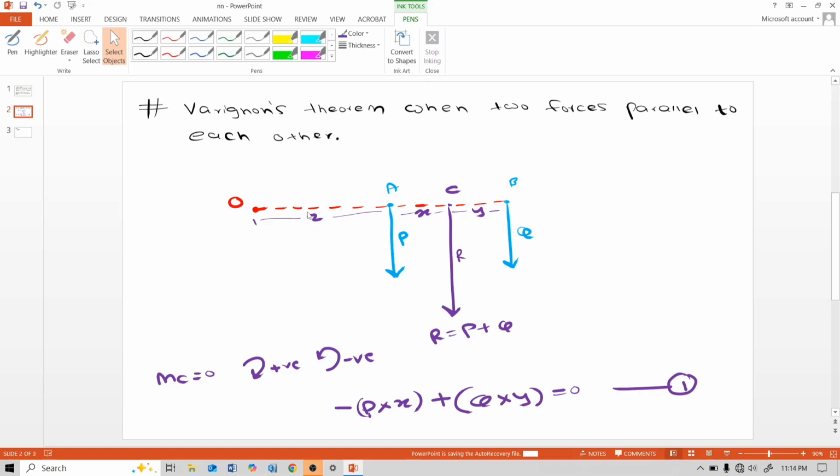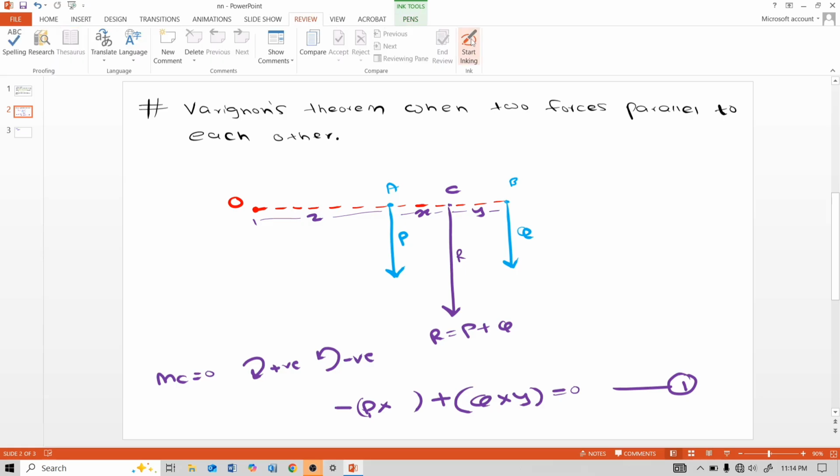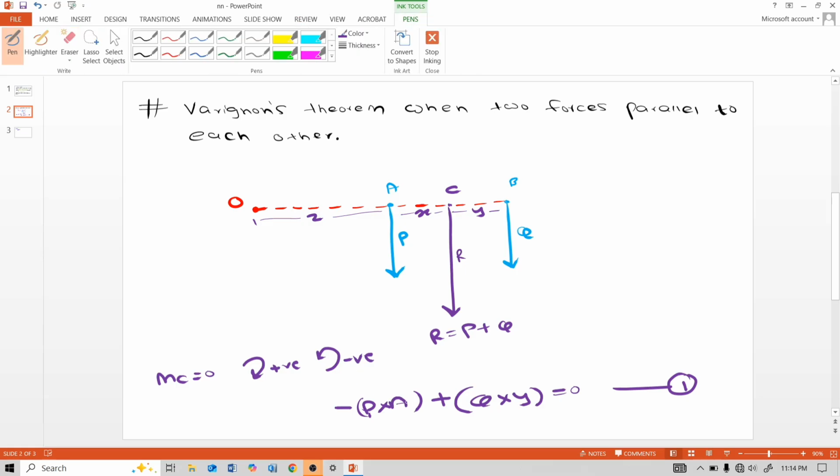It is easy for us to see that this X is nothing but this AC. Directly write it here as AC, because it is easy for us while doing mathematical calculations, and Y is nothing but CB.